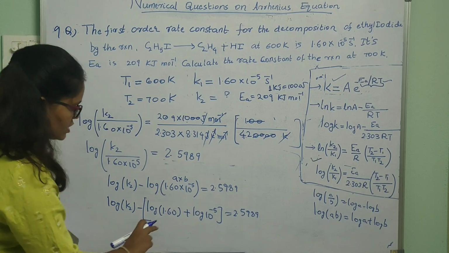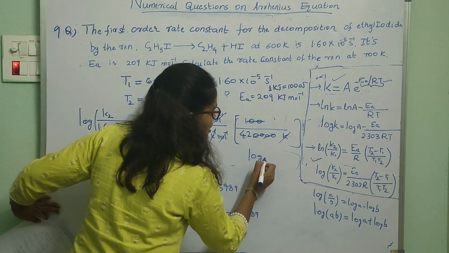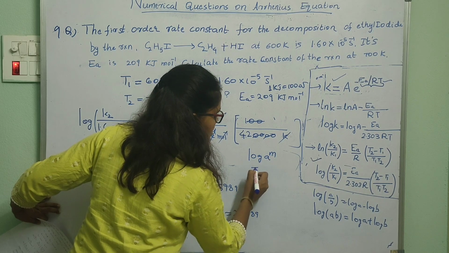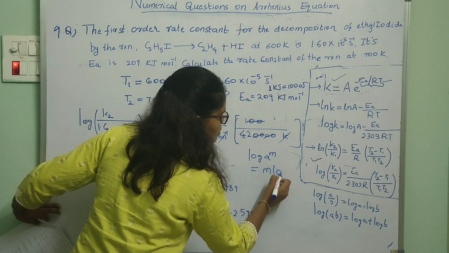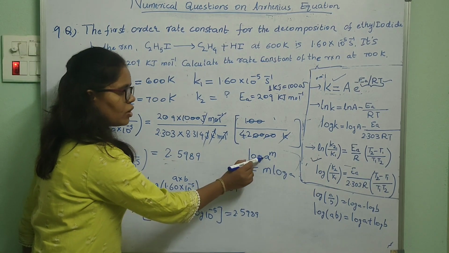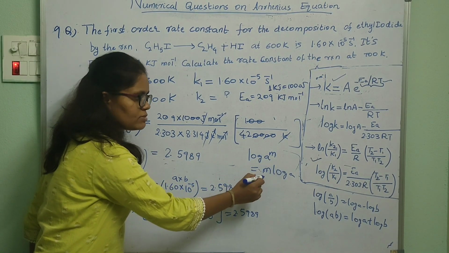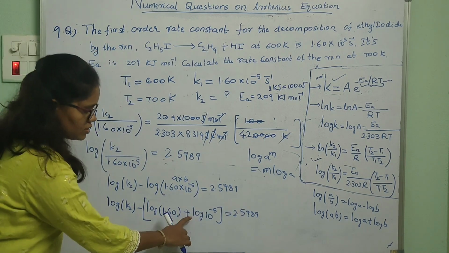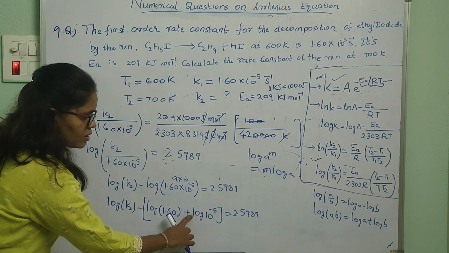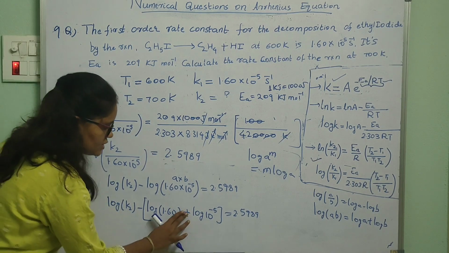So we have one more mathematical formula, that is log a power n is equal to n into log a. When you have log a to the power n, you can bring this n here, and it becomes n into log a. So log 10 power minus 5 will be minus 5 into log 10, right?